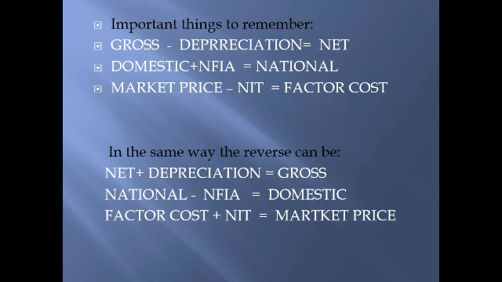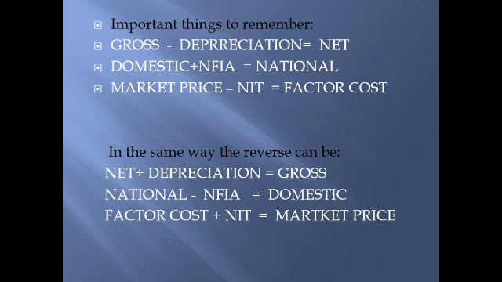You see there, domestic plus NFIA, net factor income from abroad, you will get national. So national will be always more than domestic. We cannot say, if NFIA is negative, then the difference may also happen. But in most of the cases, national will be more than domestic because we are adding NFIA. So domestic plus NFIA is equal to national. Then the opposite of it will happen. When we subtract NFIA from national, we will get domestic.